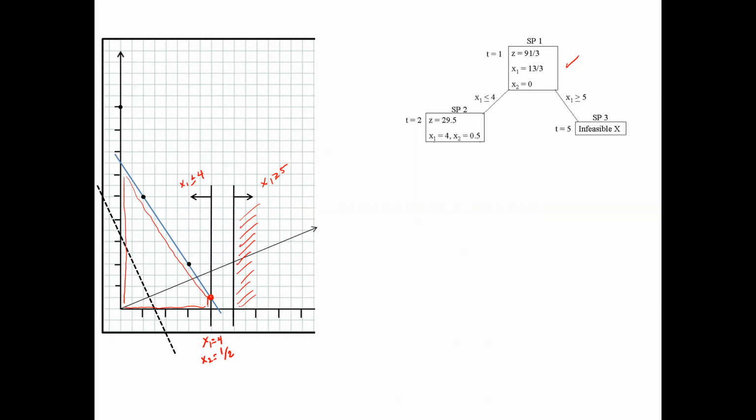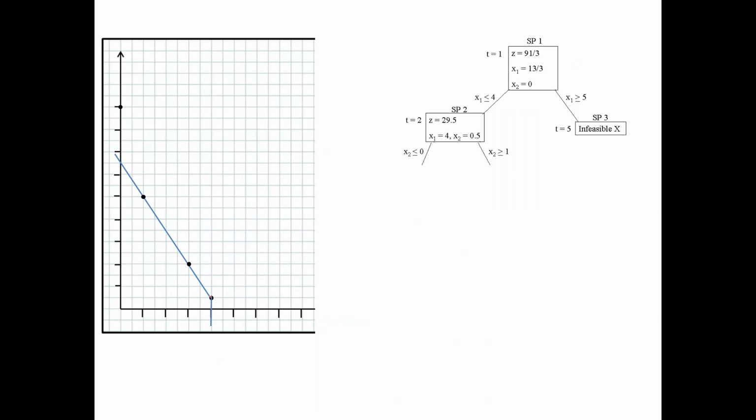So we still have a fractional solution for this problem, and we have to branch again on x2 equal to 0.5. The integer solutions closest to it are x2 less than or equal to 0 and x2 greater or equal to 1. If we set up those two constraints, we have this area defining a subproblem.